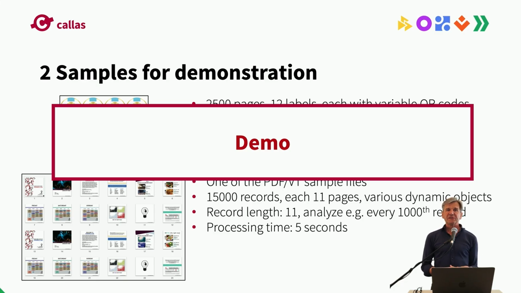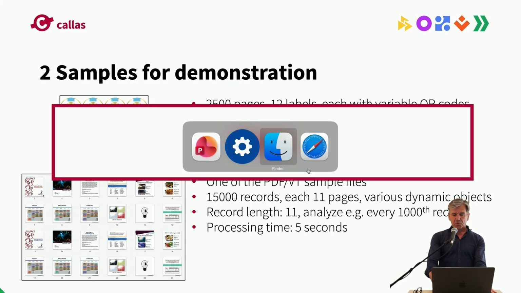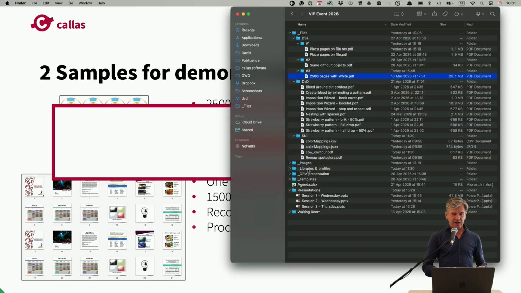In fact, a pdfVT file would specify the record length for you already. So it is definitely not limited to pdfVT files. It works with pdfVT files, as we will see in our example, but it doesn't need to be fed with pdfVT files, and that we will also see in our example.